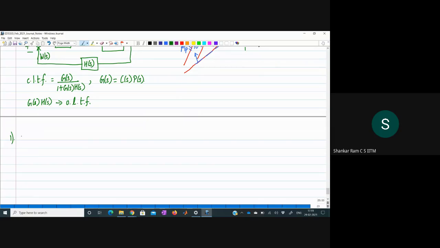Okay, let's start with the first example, right? So let us say we have a plant whose transfer function is 1 by S minus 1. Okay, so is this system stable or unstable? Unstable. Why? Pole is on the right side of the S-plane.